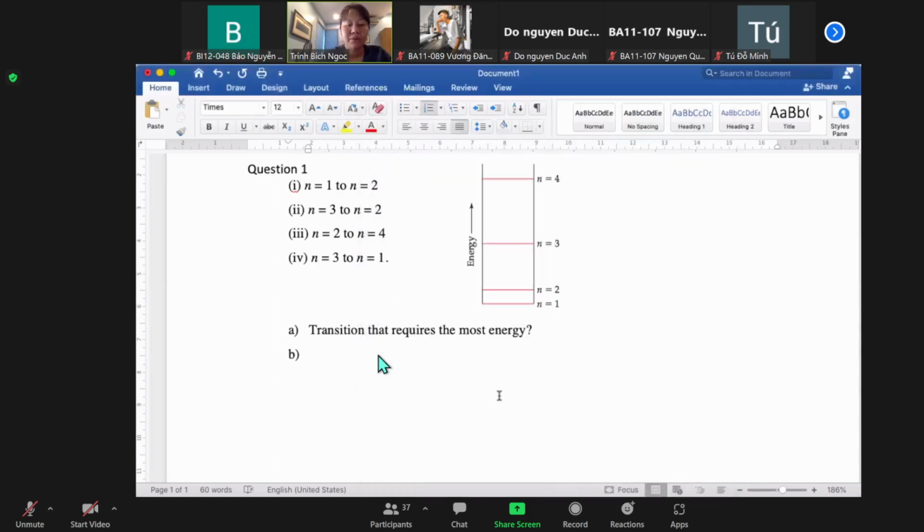And then the transition that requires the least energy.